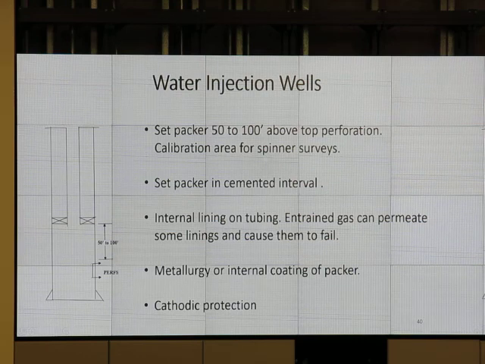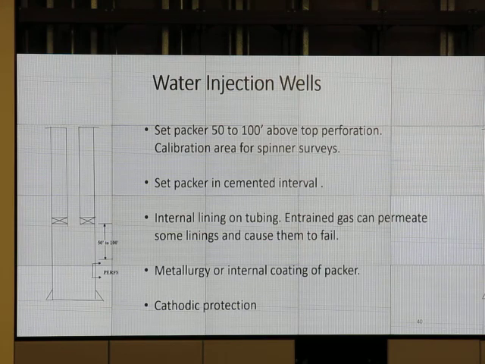What's a spinner survey? You ever heard of spinner surveys? Has that been covered anywhere? There's tools that we can run down hole in an injection well and determine flow rates into perforations. And so we lower on a wire line a tool down here, and we can calibrate that tool if we've got a section of casing that we can put it in that doesn't have perforations in it.